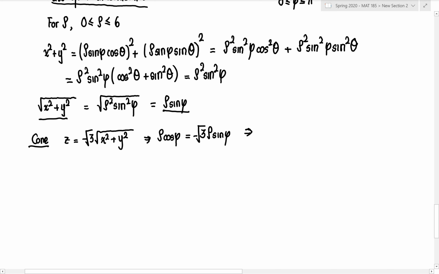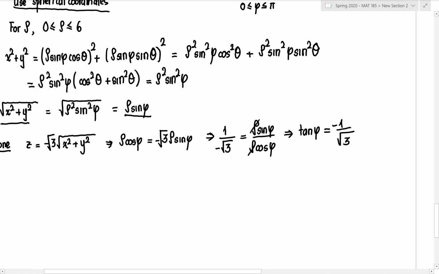Right, and what I'm going to do is move everything over, so I get 1 over negative radical 3 is equal to rho sine of phi over rho cosine of phi. The rho cancel out, and sine over cosine is tangent, so I get tangent of phi is equal to negative 1 over square root of 3.